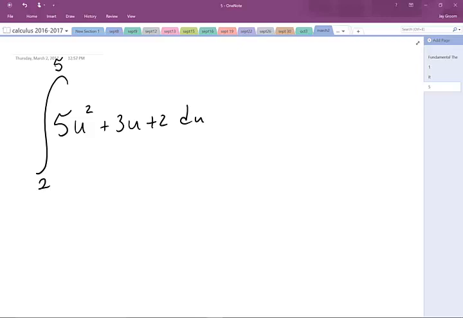What's the anti-derivative of u squared? Plus 1, so it's going to be u cubed divided by 3, right? So it's going to be 5u cubed divided by 3.